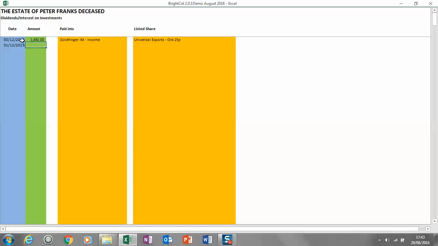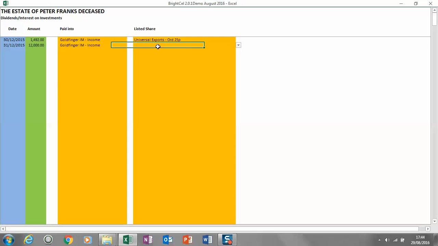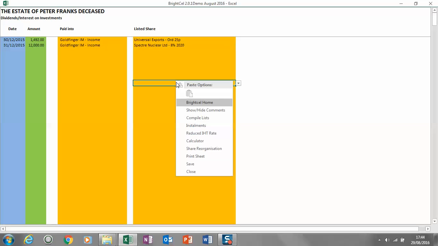And you can see all that you've done previously. So that's again received into the income account, and that relates to the Spectre Nuclear income. That's how you would record dividends.